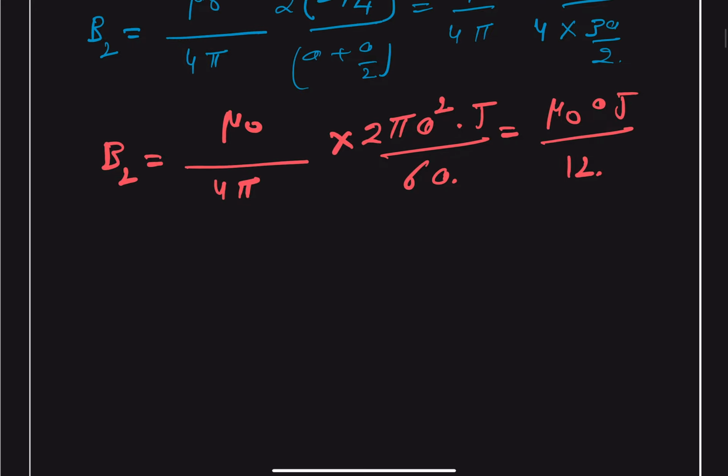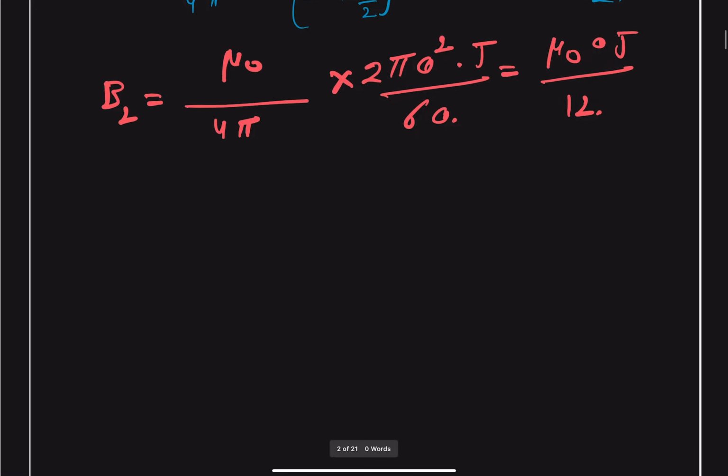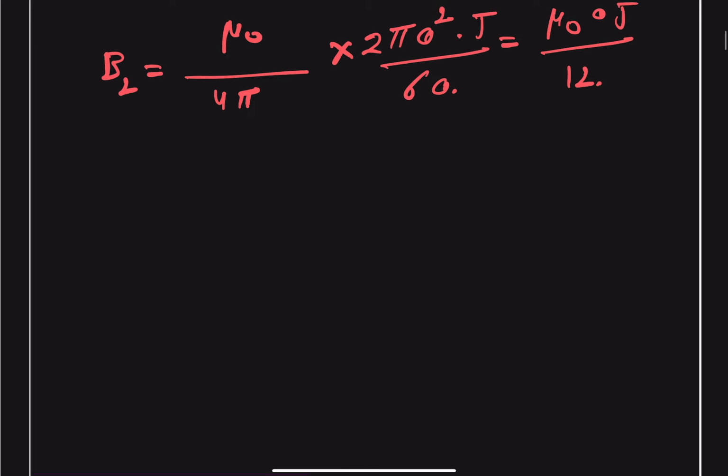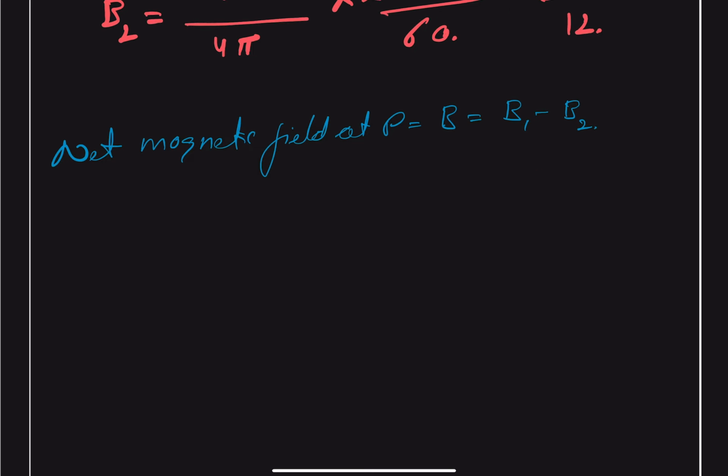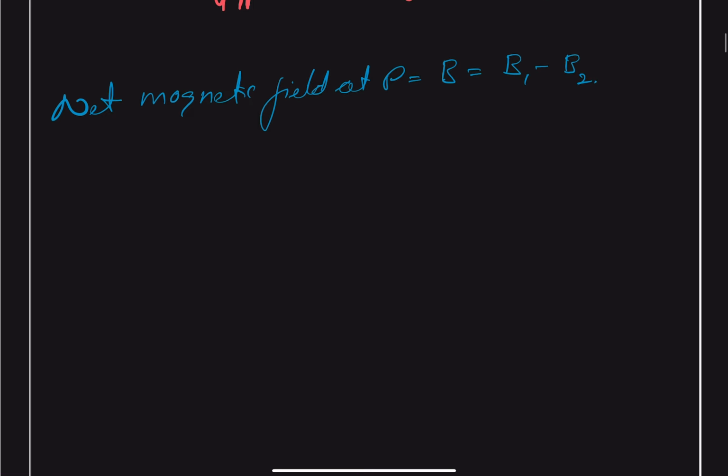So now we find out the net magnetic field at P. Net magnetic field at P, let us suppose that is given as B, so that will be equal to B1 minus B2. We substitute the respective formulas for B1 and B2.